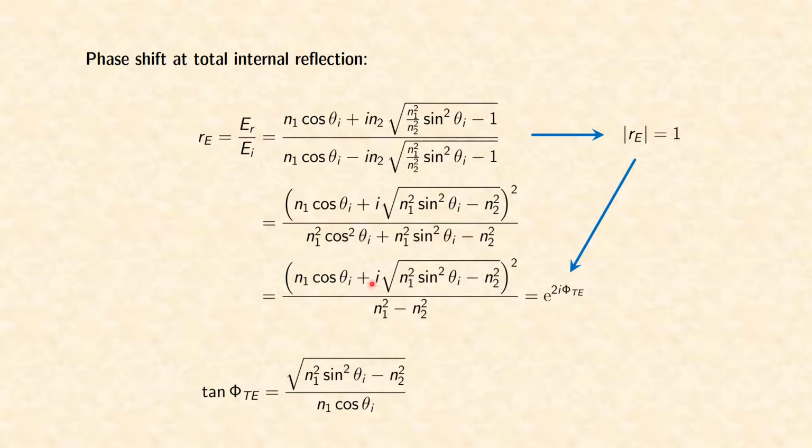And now, this is just a small modification here, and then we can state that since we know that this is of magnitude 1, we can also write it in such a way. We can define an angle psi TE for TE wave. We will see that in case of the TM wave, this angle is different.